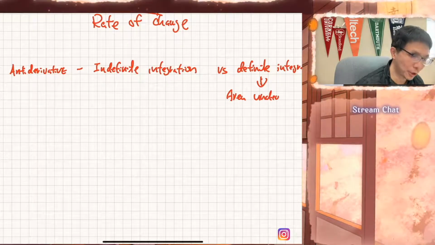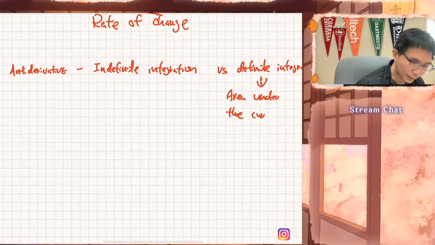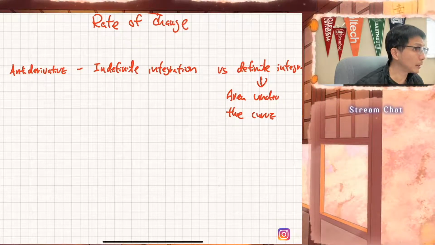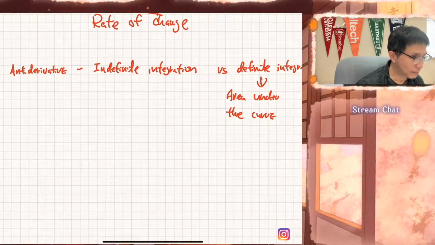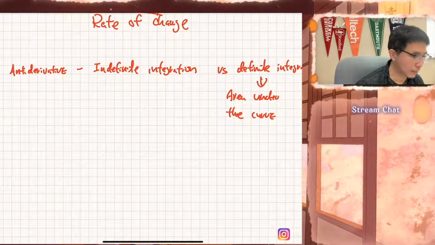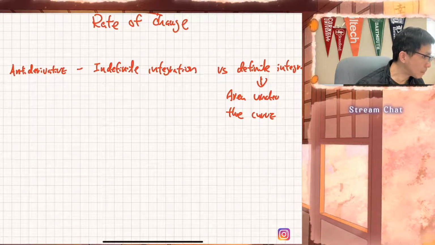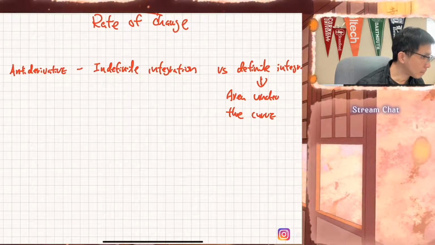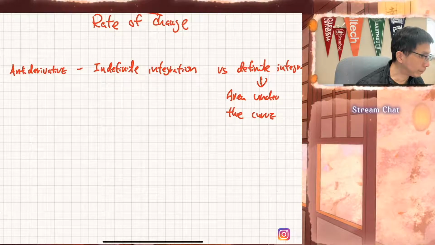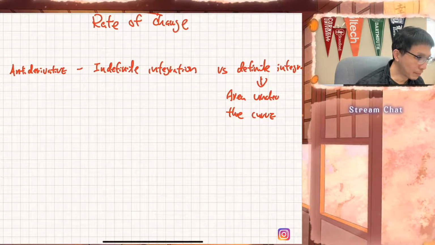Instead of finding the function, you find the area under the curve. Right? Are we okay here so far?